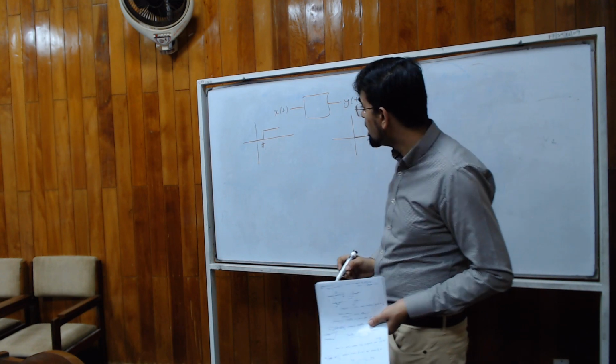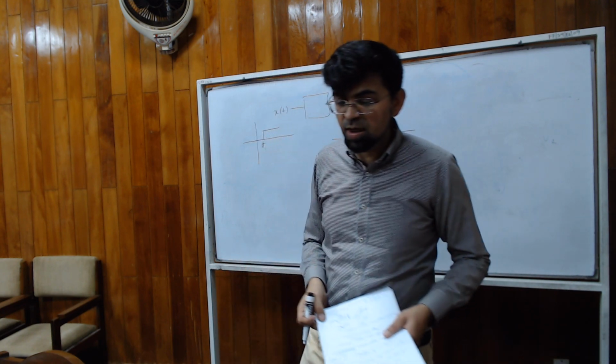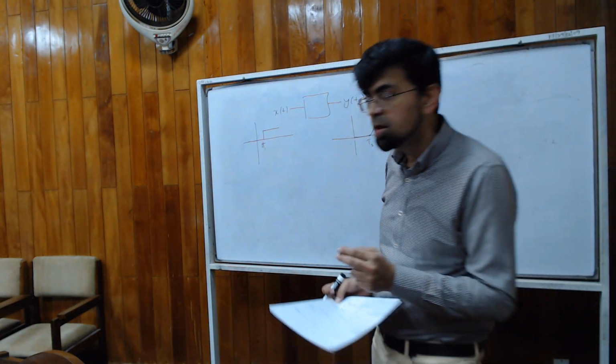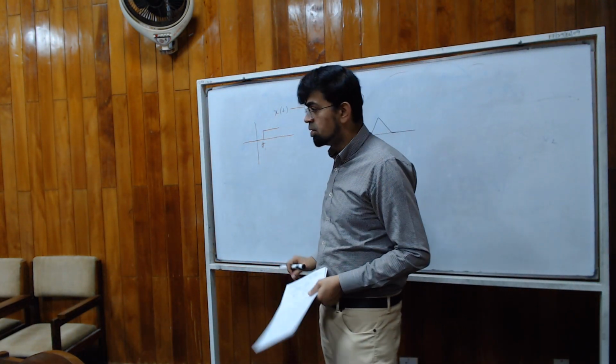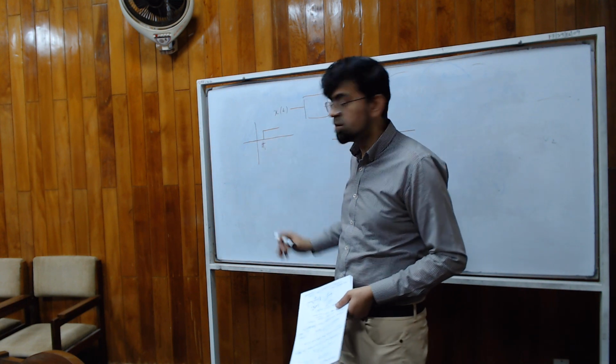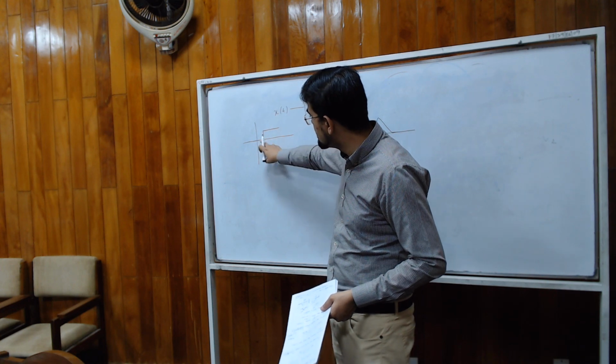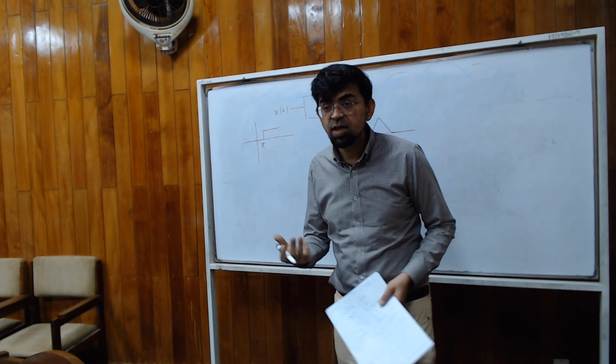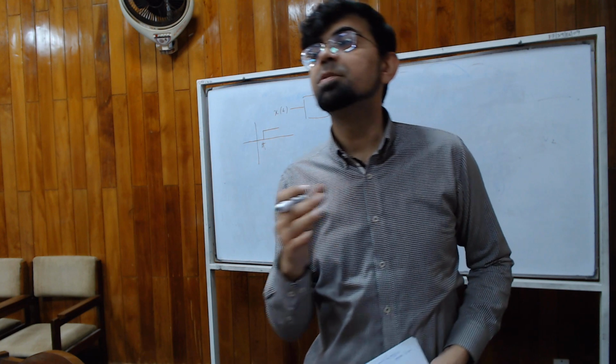Fine. Now, one question I may want to ask is, what happens if I shift my input? Maybe I give it earlier than before, meaning t1 goes a bit to the left. If it was 3 seconds, I start it at 1 second maybe, or I give it a bit later.